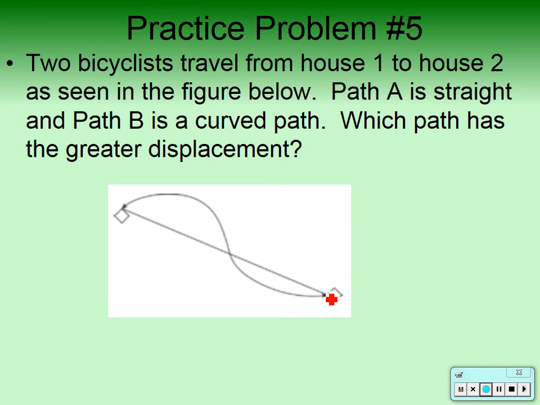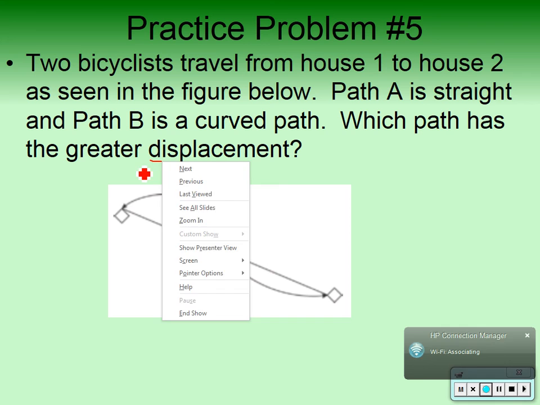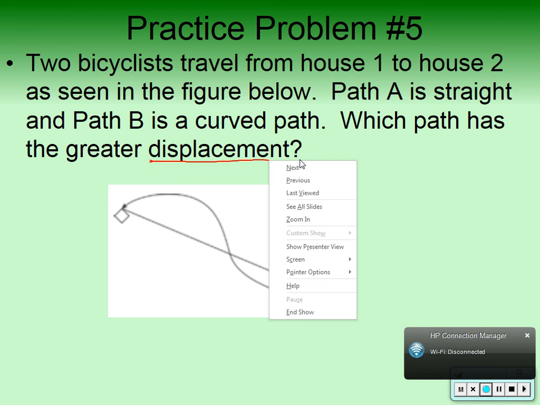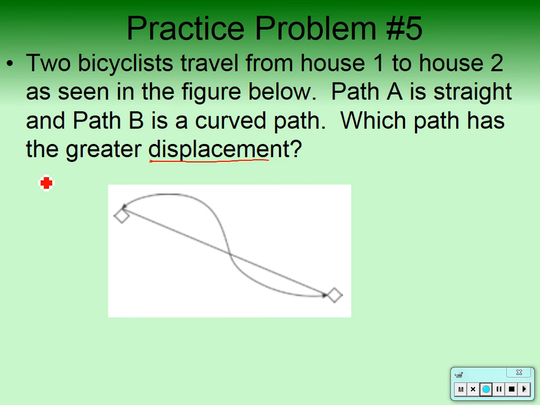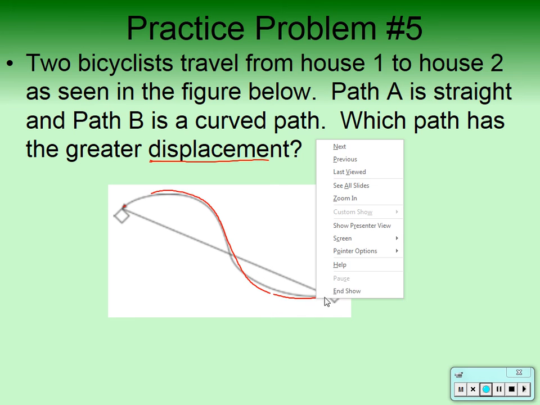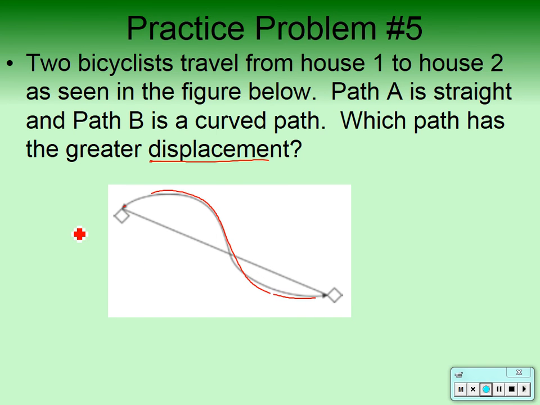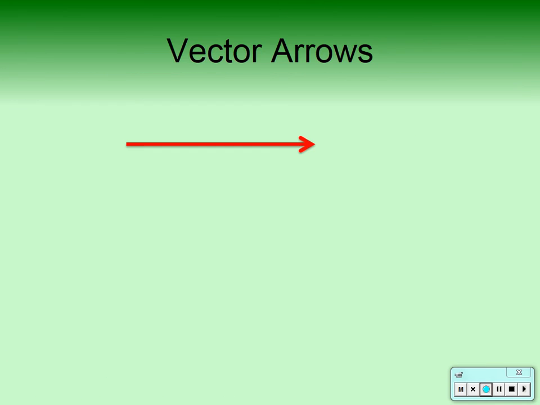Or is this a trick question? Displacement's the same. Yeah. This is kind of a trick question, right? Displacement is the same for both of them. What's different, though? Distance. Yeah, the curved one has more distance, but you can see that the displacement is the same. Yeah, kind of a trick question. The same.